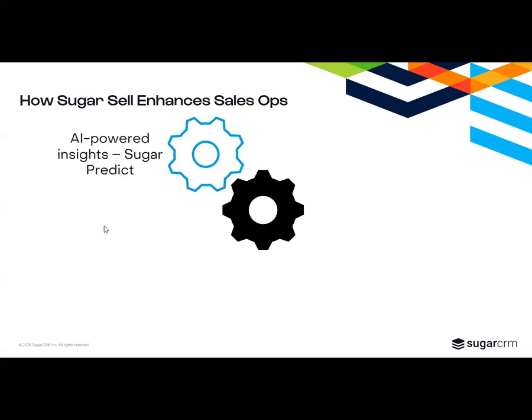Okay, so first of all, there are AI-powered insights inside of Sugar called Sugar Predict. I'm going to give you a link to this in just a little bit. They are seen in the leads and the opportunities modules as dashlets, and you'll be able to see some predictive AI information on whether they think a lead is going to convert or be qualified, like what percentage, is it high risk.